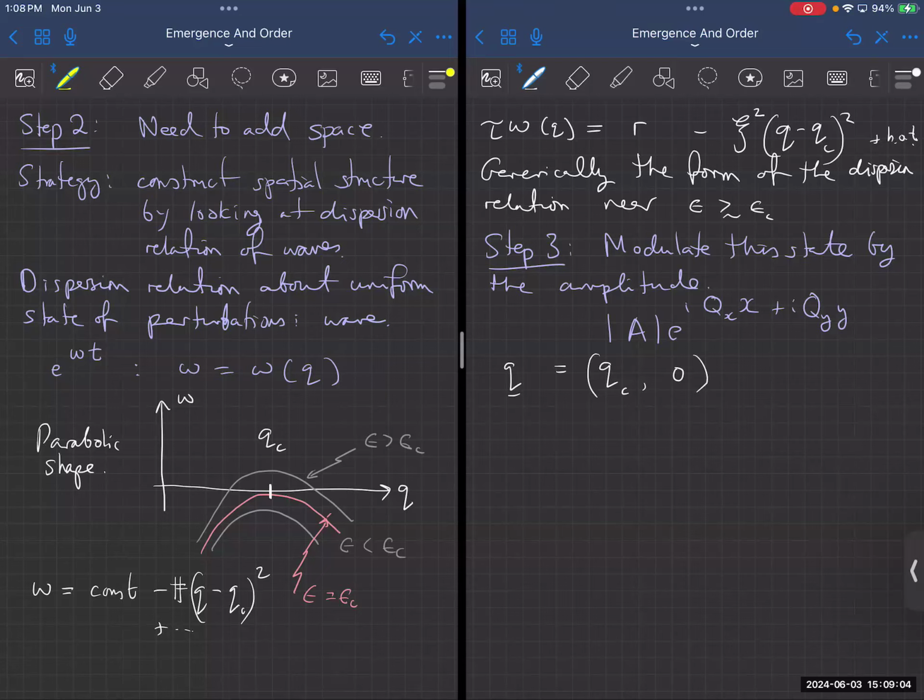But now we're going to modulate it. So the function is going to have a wave number which looks like this: qc plus qx, qy. I start off with a state like this, then I modulate it by an amount with a different wave vector, qx and qy. Just like we had last time, there are two different wave vectors. There's the wave vector of the pattern, which you can't control, it's just what the system does. And then there's the wave vector that you control by perturbing the system like this.